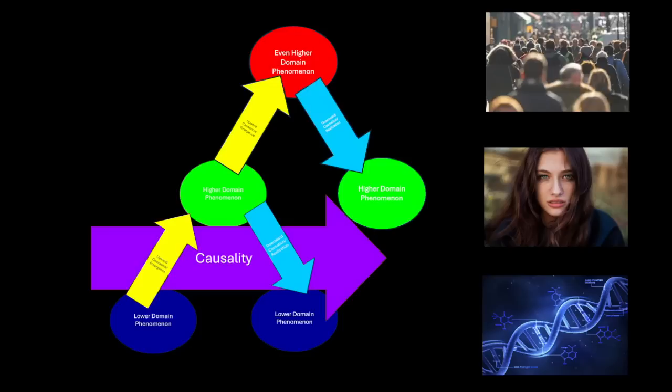And then it keeps chaining down. So your society can influence you, and then you can influence your genes through epigenetic mechanisms. So you can actually influence the expression of your genes based on your behavior. For example, if you spend a lot of time in the sun and you do so deliberately, that will alter the structure of your DNA. And there are other examples of things which you can do at the individual level, or even things that are caused by your society that have an influence on your DNA.